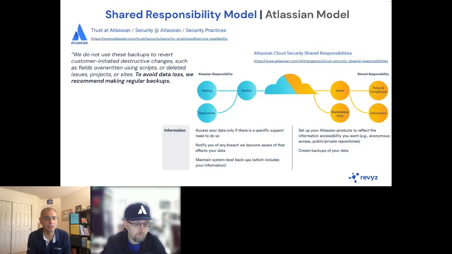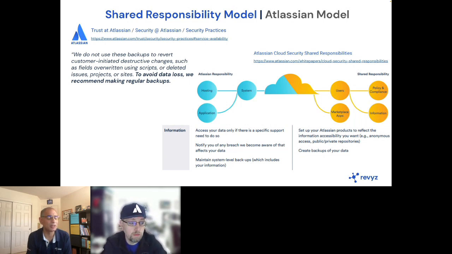I would encourage each of y'all to go look at the shared security responsibilities document which Atlassian has got. It's a really good doc which they've put up on the Atlassian website. Just search for shared responsibilities Atlassian, and you'll hit the white paper which they've put out, which again clearly calls out what your responsibilities are as the app owner or administrator.